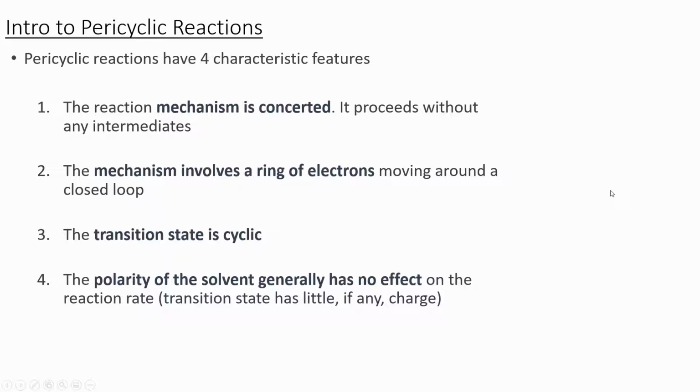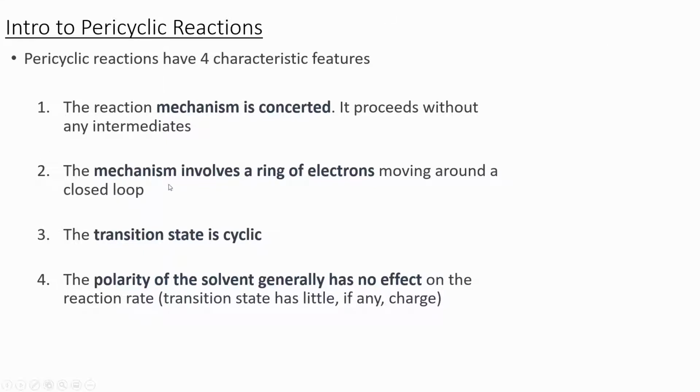There are a few characteristics that are standard for all of the pericyclic reactions. The first, the reaction mechanism is concerted. So all of the electrons that are part of the reaction are going to move simultaneously, and there will be no intermediates that are formed throughout the reaction.